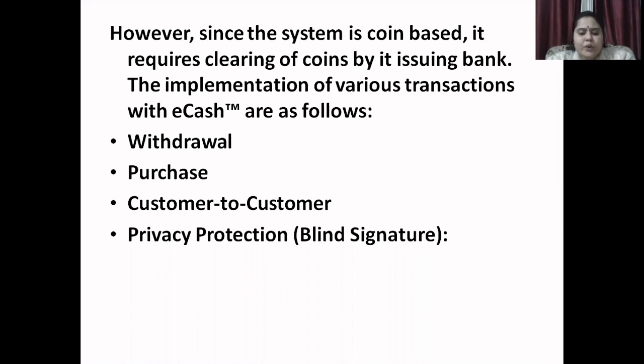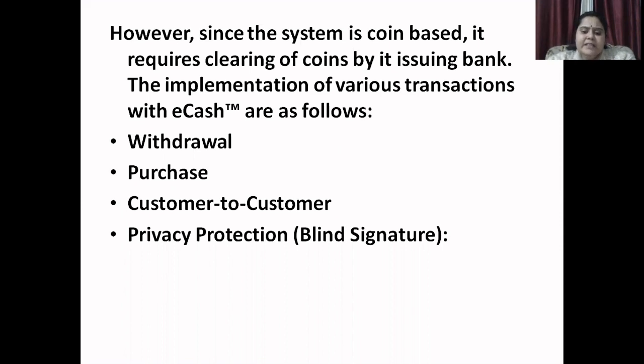To ensure that each coin is used only once, the bank records the serial number of each coin in its spent coin database. If the coin serial number is already recorded, the bank detects that someone is trying to spend the coin more than once and informs the merchant.